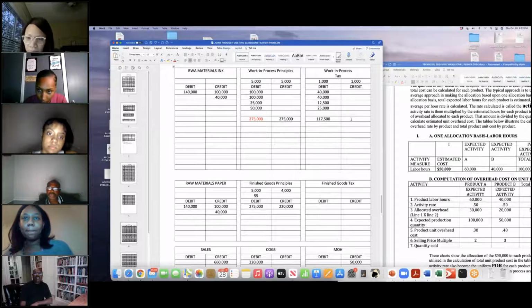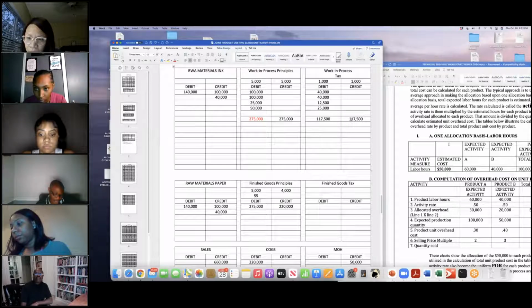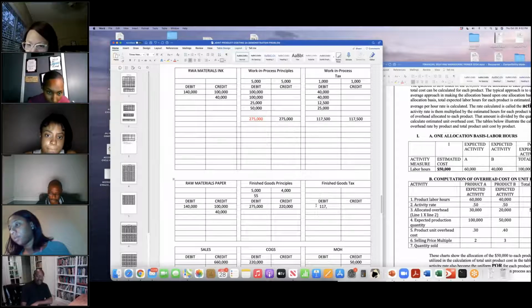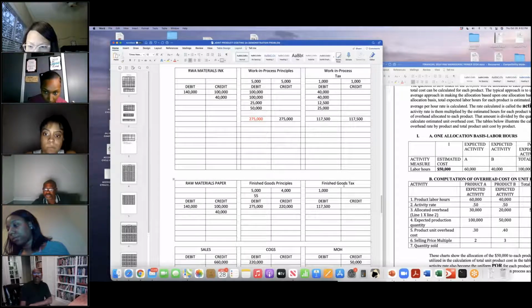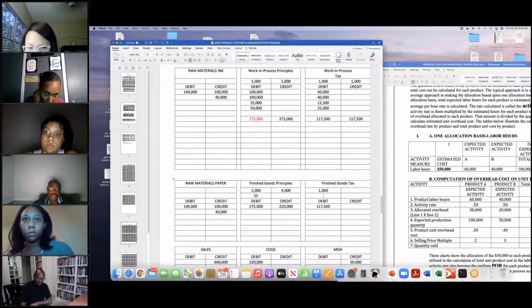Here we credit 117,500 and debit finished goods 117,500. So this is 1,000 books. What's the unit cost per book going to be? 117.5.